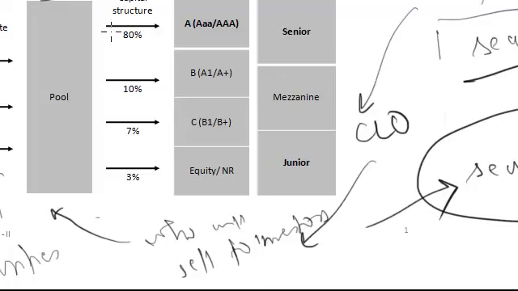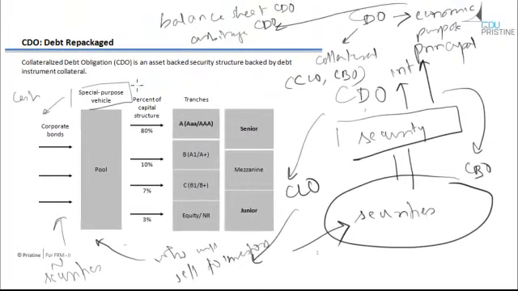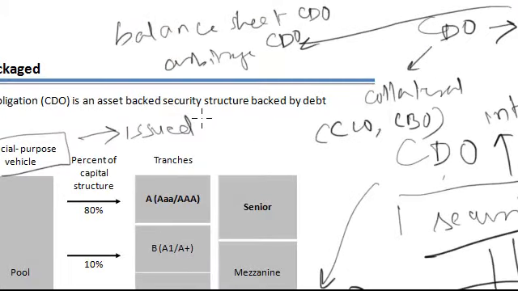Once the securities are transferred to the special purpose vehicle and a new set of securities are issued, these securities would be issued in different tranches. Each tranche would have different risk characteristics and a specific cash flow structure. Thus we can see in this diagram there are four tranches which have been created.